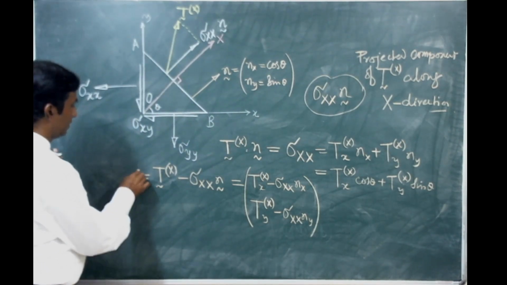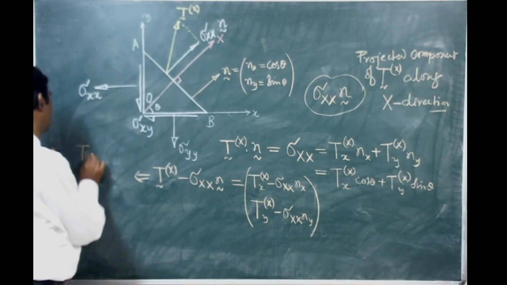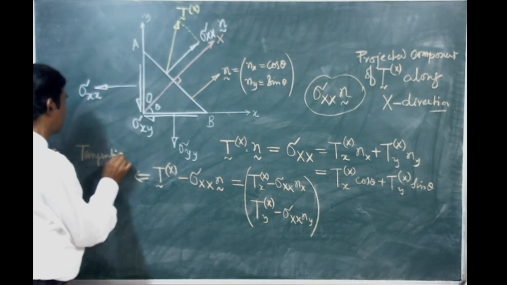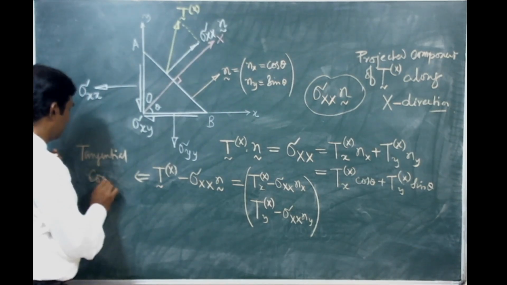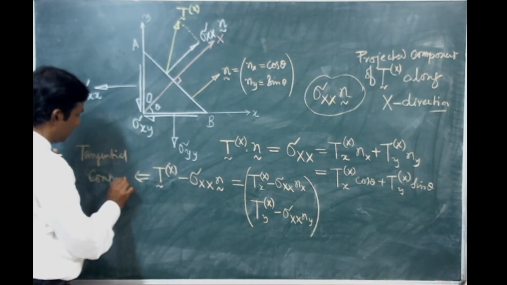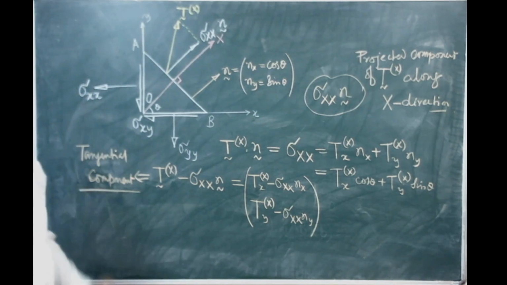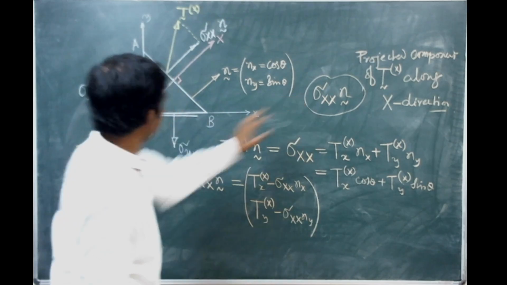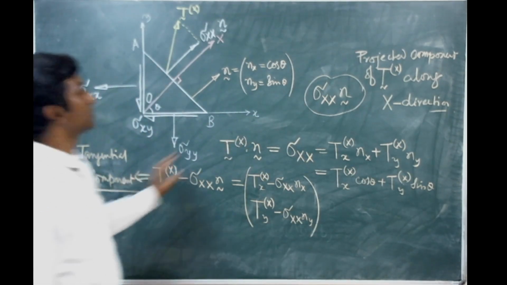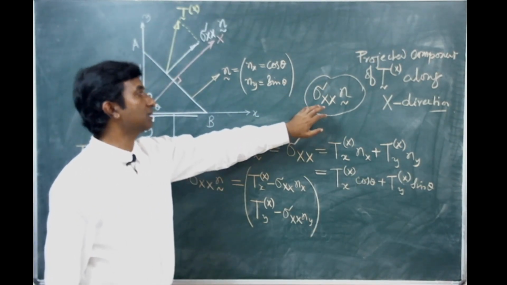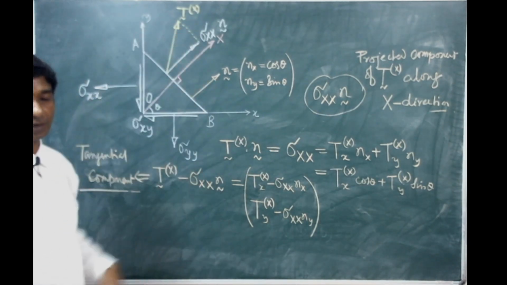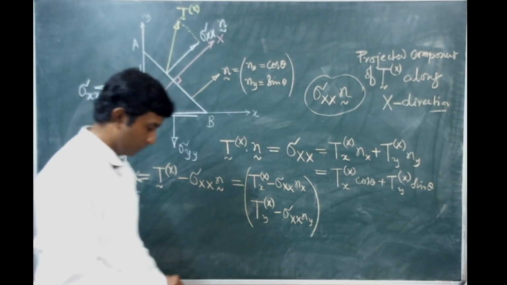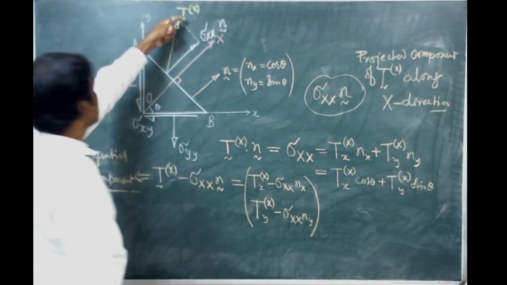This we say is the tangential component. So this is the normal component and this is the tangential component. If you take the vector sum of the normal component and tangential component, you get back the surface traction T that is acting on the capital X plane.